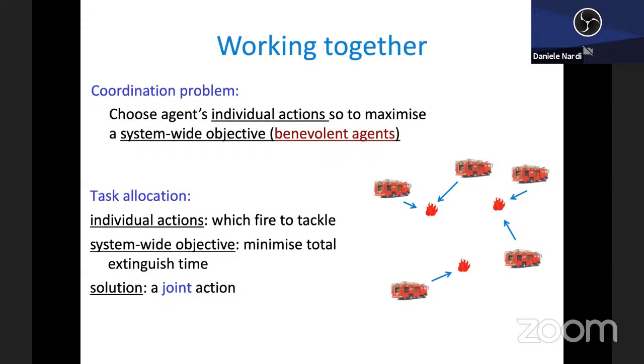The reason for coordination is that they have to distribute over the different parts where the fire is developing, making sure that when there is a big fire, there are multiple units. And when there is a small fire, but it still needs to be extinguished, maybe fewer units. So overall, the distribution of the task in this particular case is relevant to achieve an optimal solution.